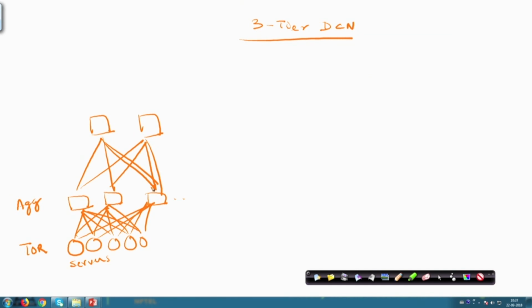Or in other words, let us say that all these are the different individual racks with servers. We can call this the Tor layer, and this one we can think of as another layer up, which is the aggregation layer, which has its own aggregated switches, and then for this one again we will have this core. This is the core, right.